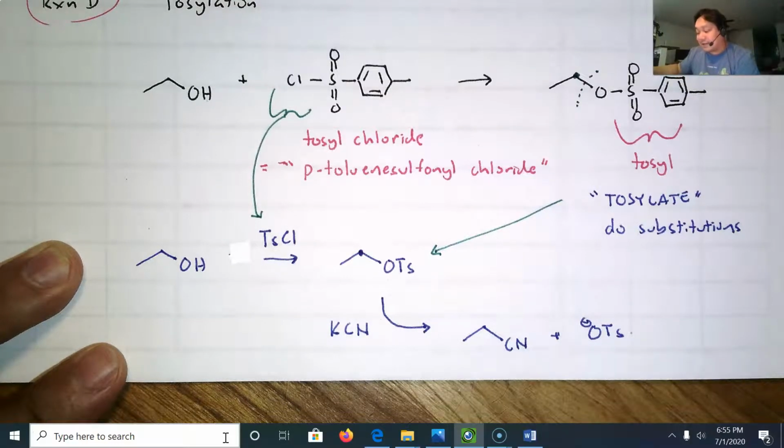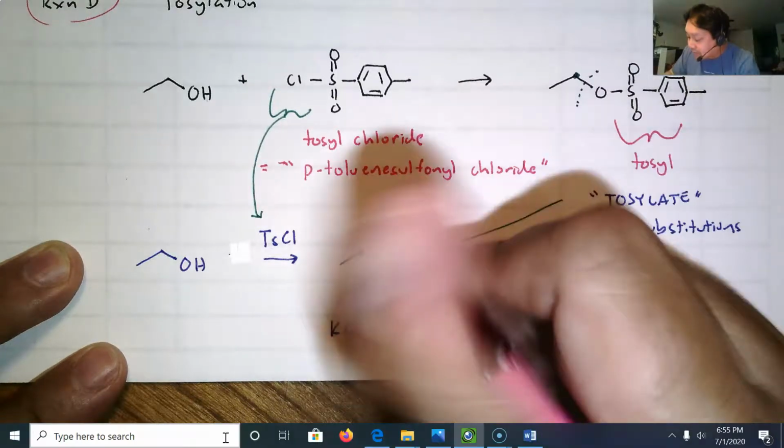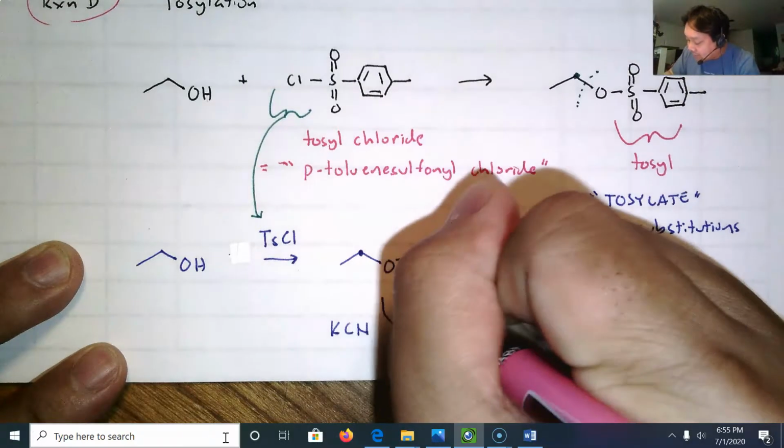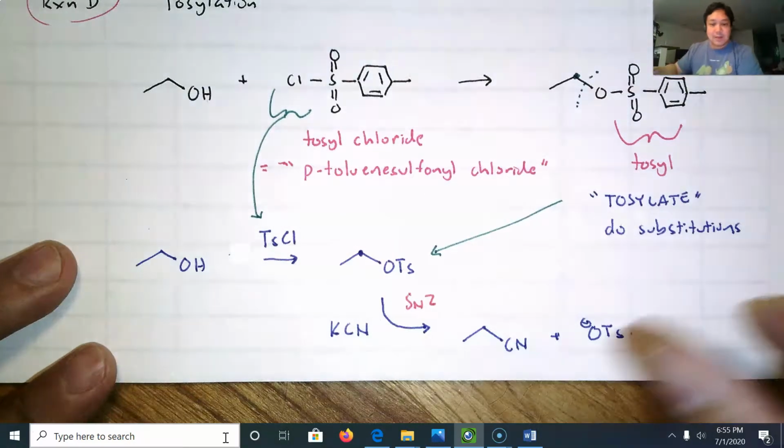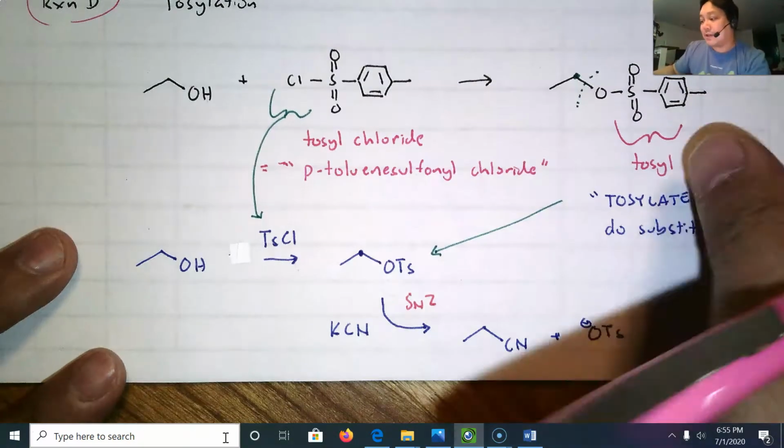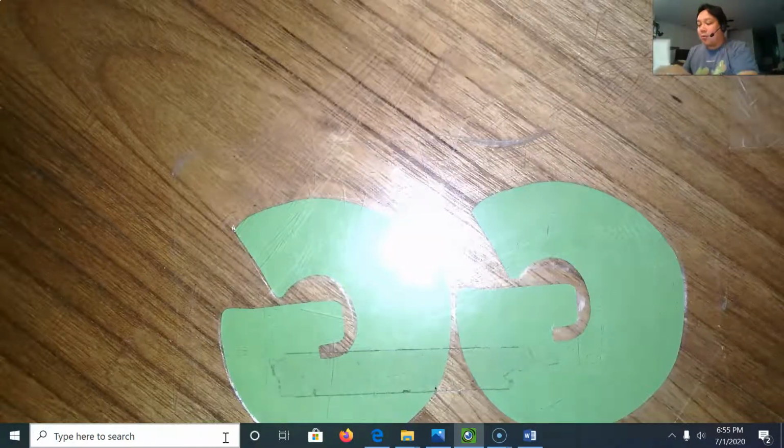Good nucleophile, good leaving group: this proceeds via an SN2 reaction. I have to leave this page and go on to the next, but I'm going to give you a couple of phrases that will help you understand why we want to use tosylates, or why we want to do tosylation.